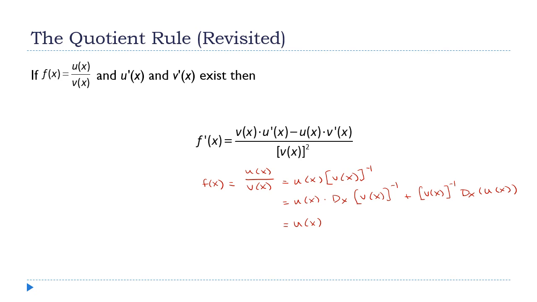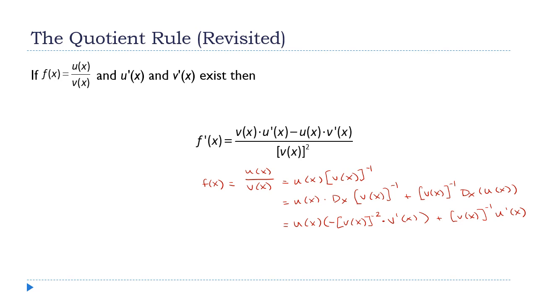This is negative 1 times v of x to the negative second times the derivative of v, that's v prime of x, plus v of x to the negative first u prime of x.